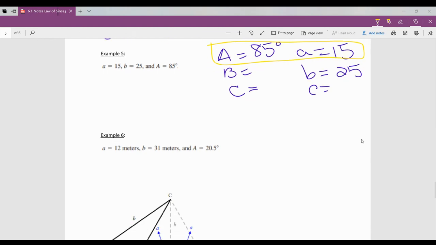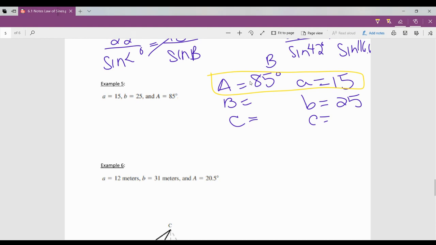So when I look at this, I say, uh-oh, a is smaller. So that means it's 0 or 2 triangles when it's smaller.